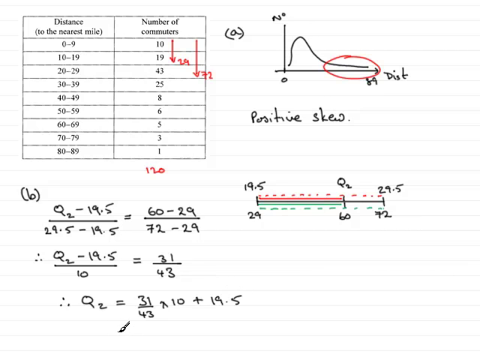And if I do that on the calculator, I find that I get 26.709 and so on, and that means that Q2 to three significant figures is estimated then at 26.7 to 3 SF. And that brings us to the end now of part A and B.